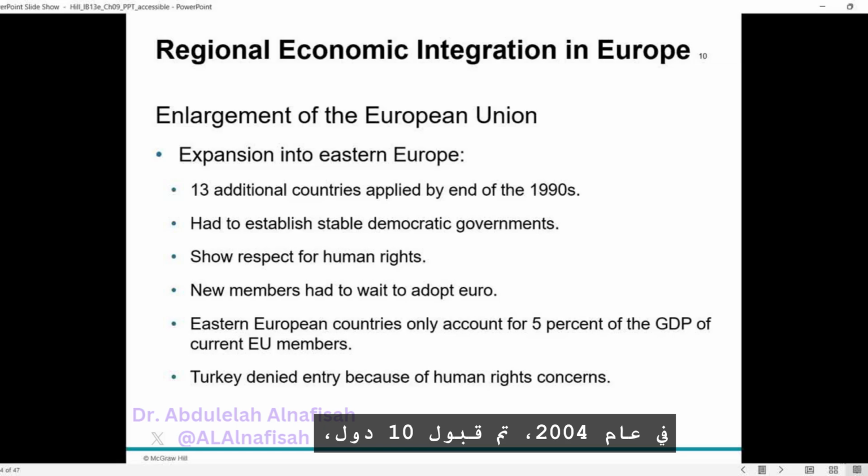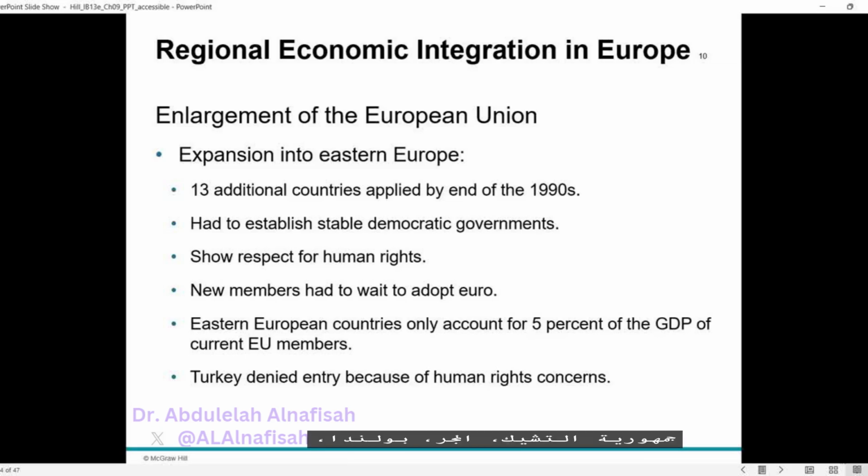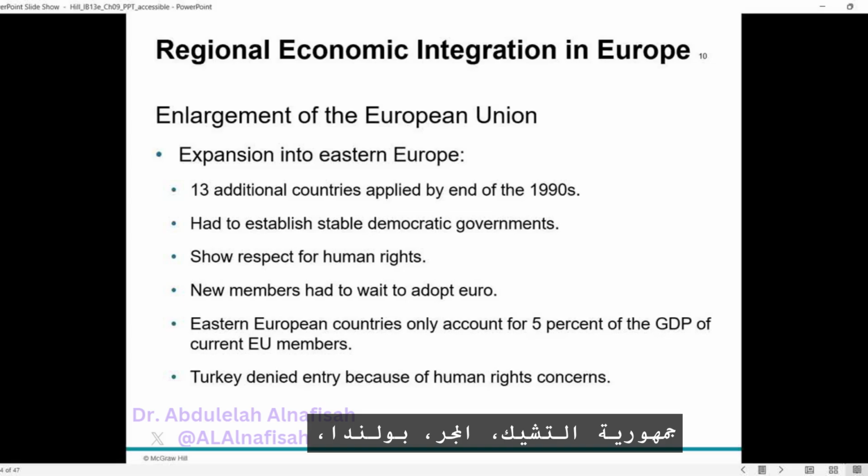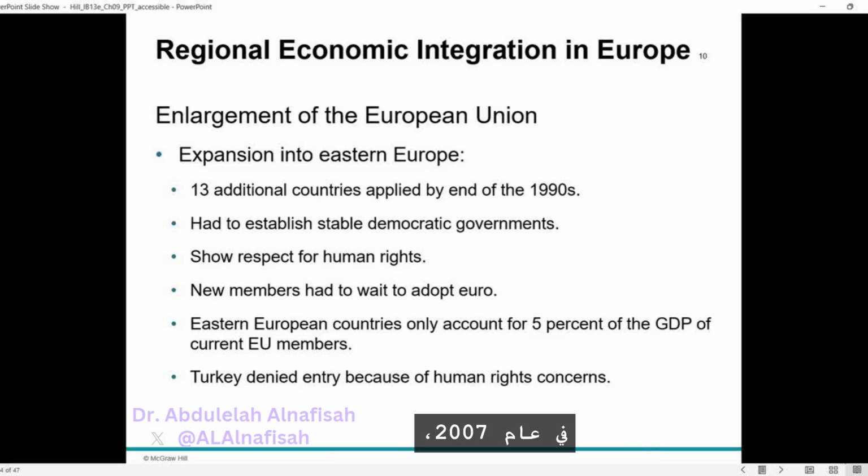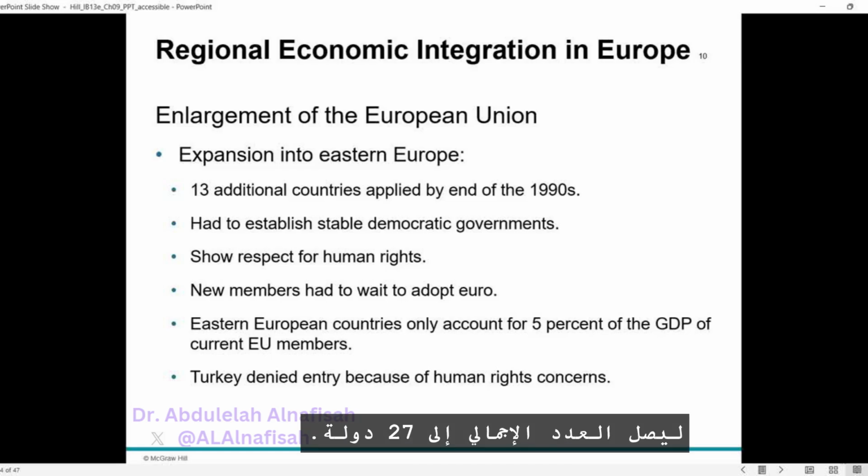In 2004, 10 countries were accepted, including Baltic countries, the Czech Republic, Hungary, Poland, Malta, and Cyprus, expanding the EU to 25 states and 450 million people. Bulgaria and Romania joined in 2007, bringing the total to 27 nations.